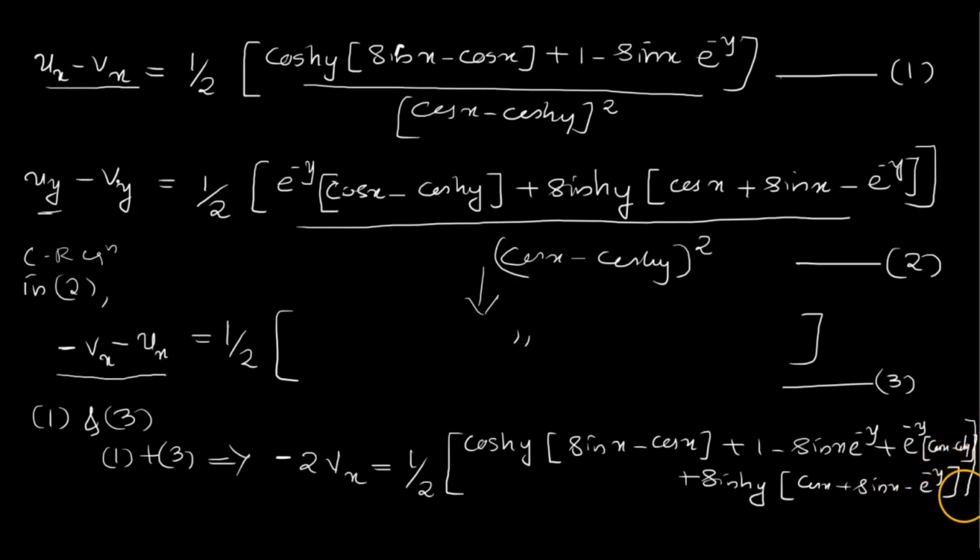I added 1 and 3 and the common denominator is there, that is (cos x minus cosh y) all square.